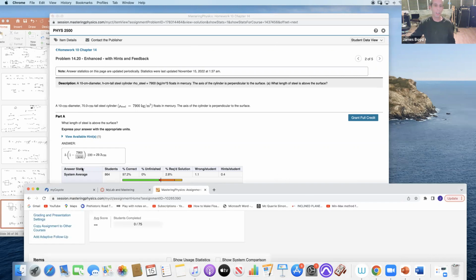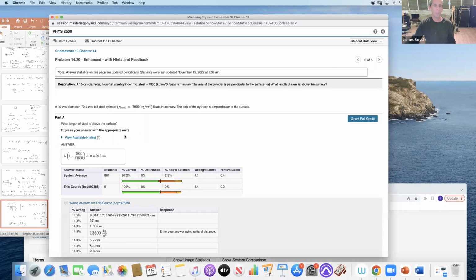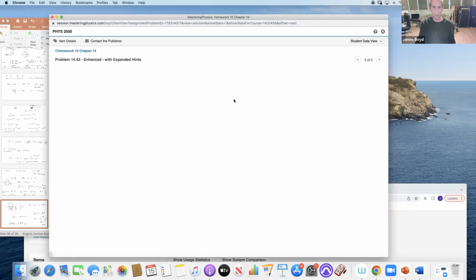So this is 40.7. This is 70 centimeters. And 70 minus 40.7 is how much is above the water. 70 minus our answer is 29.3 centimeters. Okay, that's how much is above the water, all right, or above the mercury.